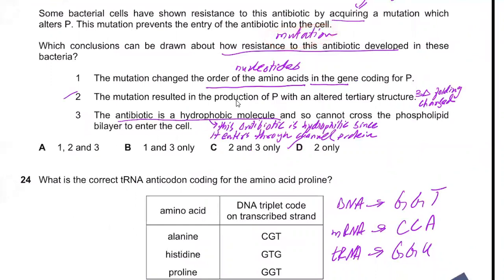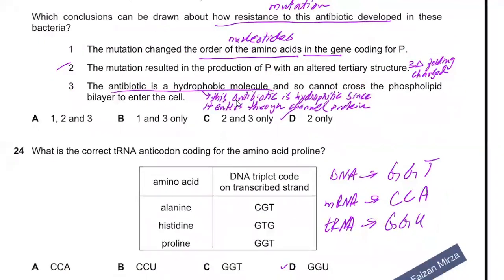We know that antibiotic resistance develops by mutation, and mutations occur by chance. Out of these three statements: the mutation changed the order of amino acids in the gene coding for P. No. Whenever a mutation occurs, the amino acid changes occur in the protein, but in the gene the change is of nucleotides, not amino acids, so the statement is wrong.